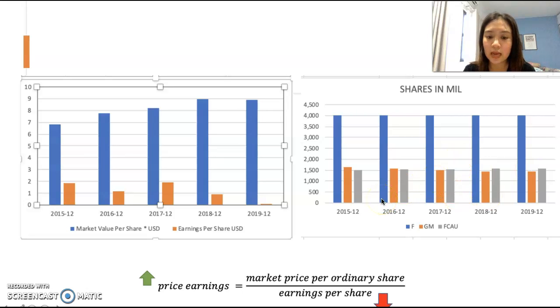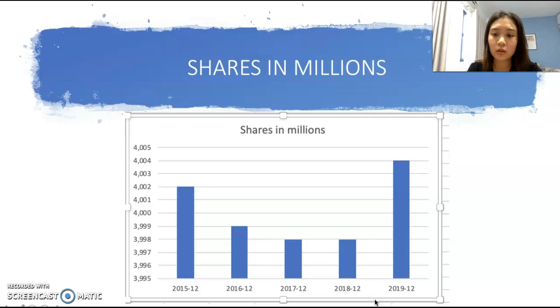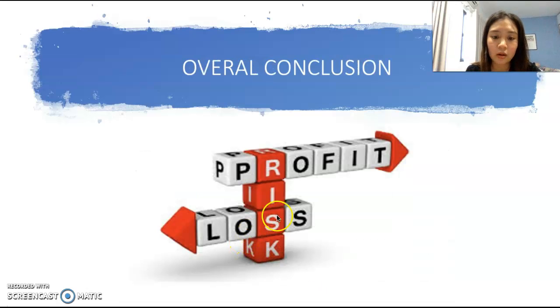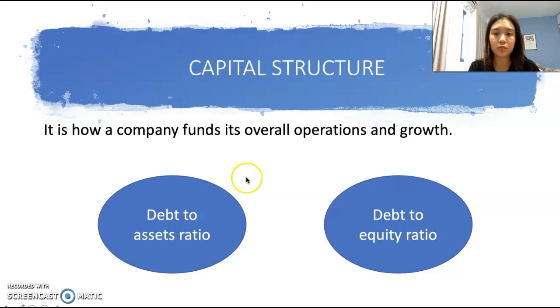To put that aside, this is not a good sign because earnings per share decline, which means the company is losing profit. Overall, if investors invest in an overvalued stock, they might run the risk of losing money if it fails to meet high earnings expectations.